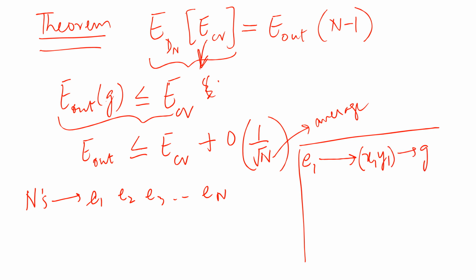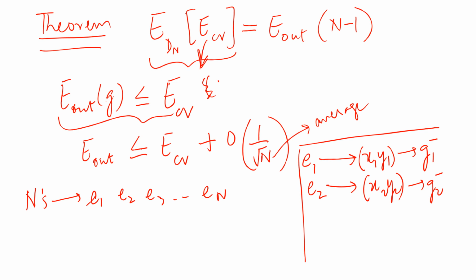Similarly, we used E2 and we left out X2, Y2, and we got G2 minus, and so on. So E1 was calculated by leaving out X1, Y1, and then G2 minus was calculated when X1, Y1 was there in the data.